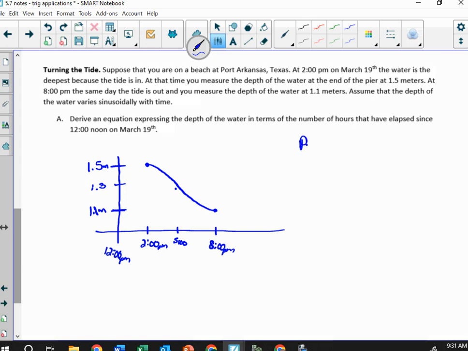What does that make the period? 12 hours, yes, okay. So we'll do our normal, 2 pi over b equals 12. What do we get for our b value? Pi over 6. All right, so there's one piece.